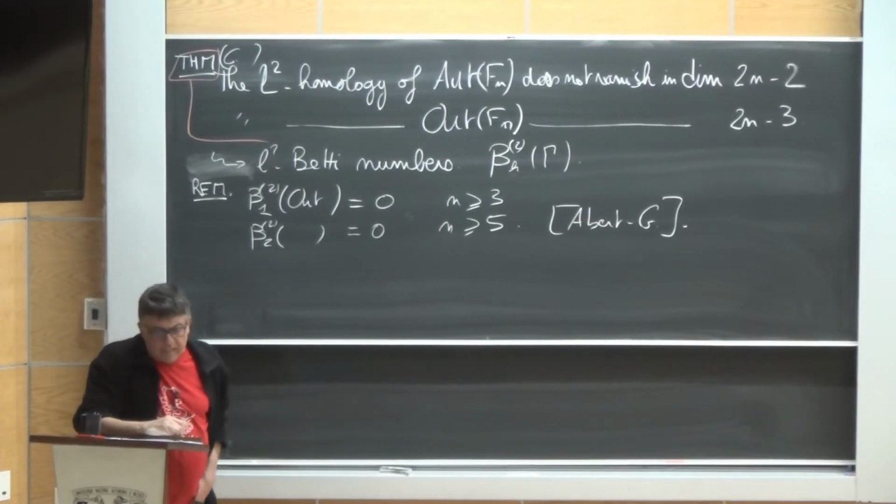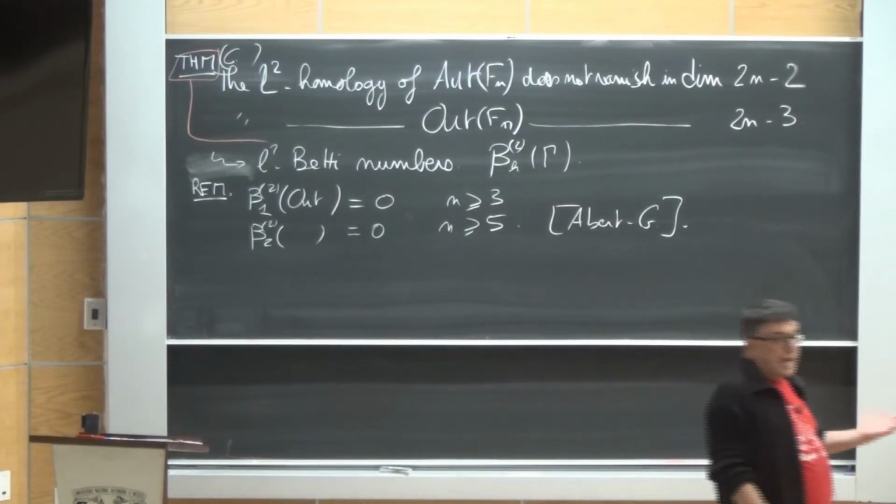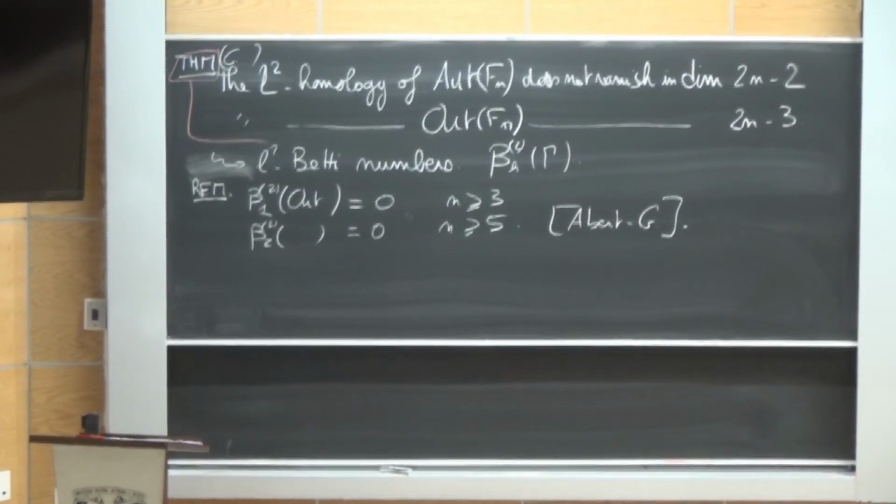Just to mention also that maybe you know the notion of Euler characteristic for simplicial spaces. It is the alternating sum of the number of vertices minus edges plus triangles and so on. You have the same notion for groups.